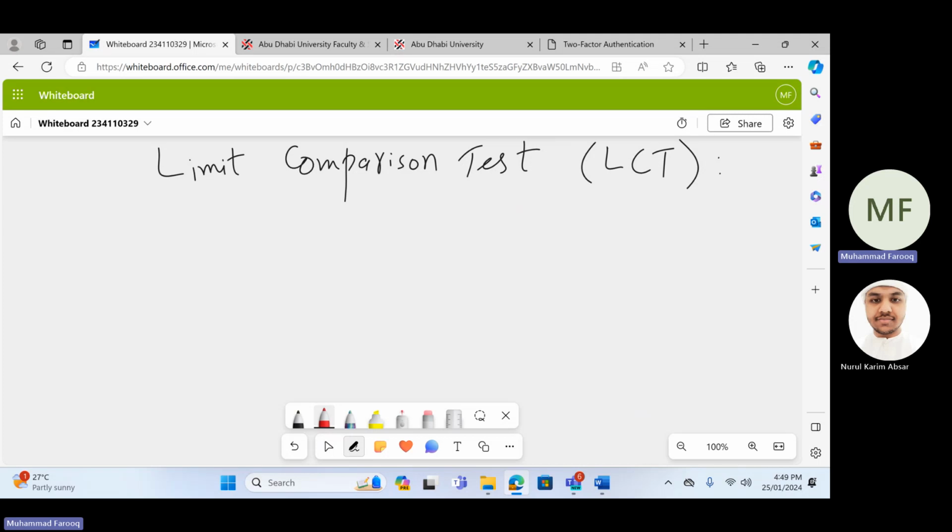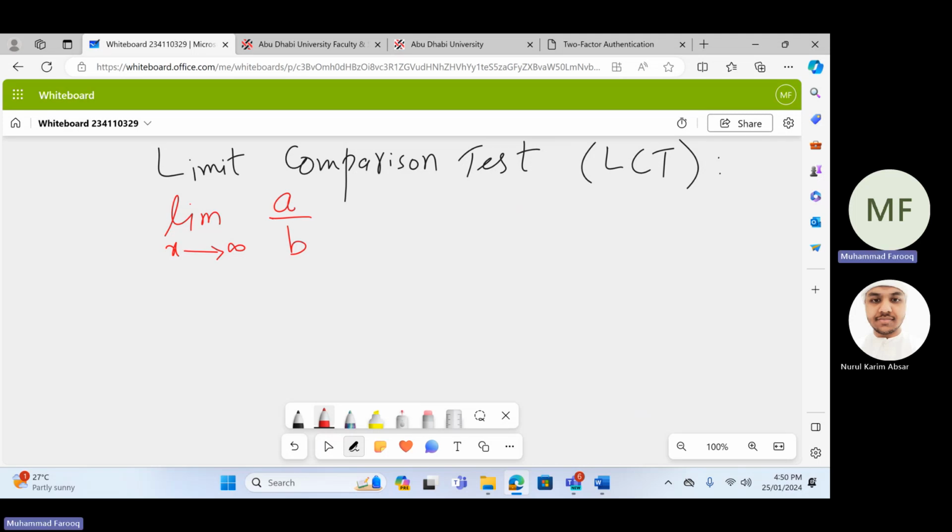Then step number three, here we perform a calculation because it's called limit. You have the limit as x approaches infinity of function A divided by function B. Perform this calculation.